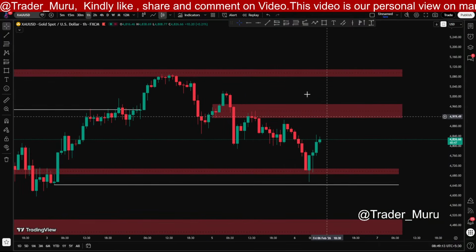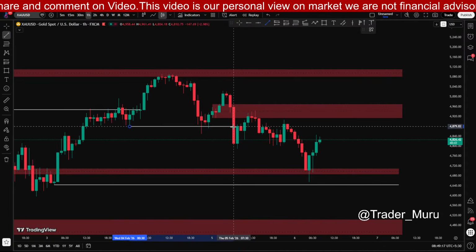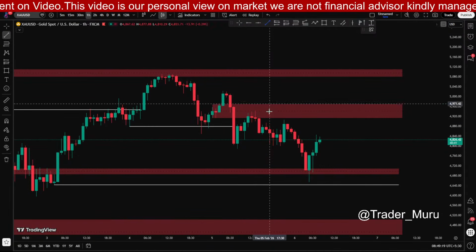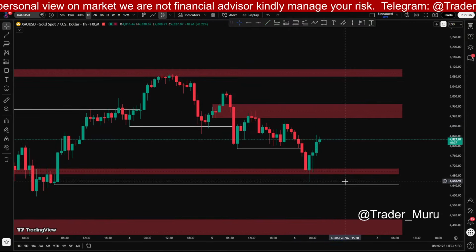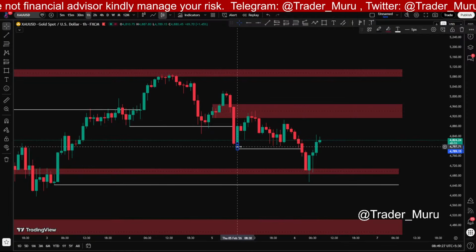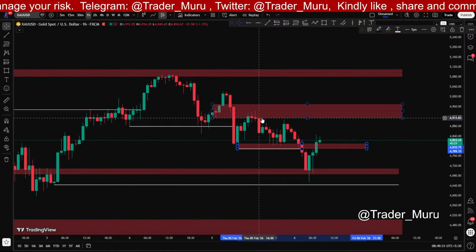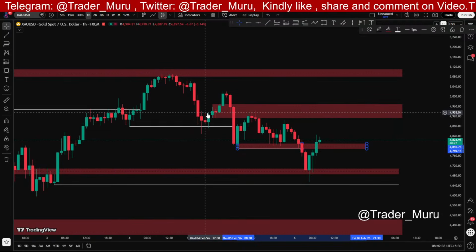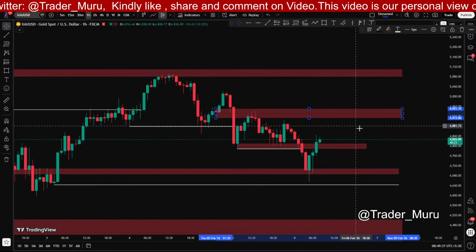But the structure here is bearish. So this zone is still for sell. Price has closed a candle above, so this is a flip. Price will likely test this area again here and then it can reject.